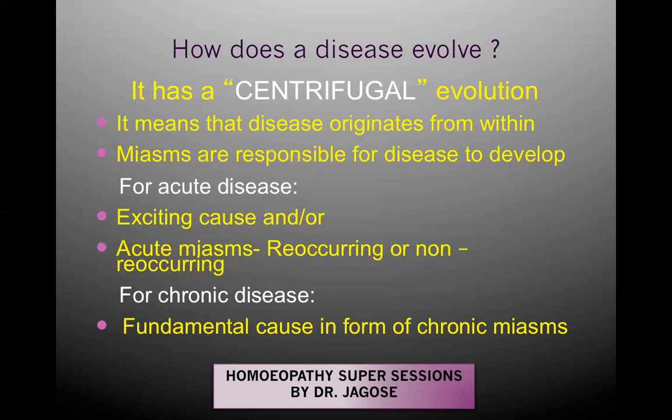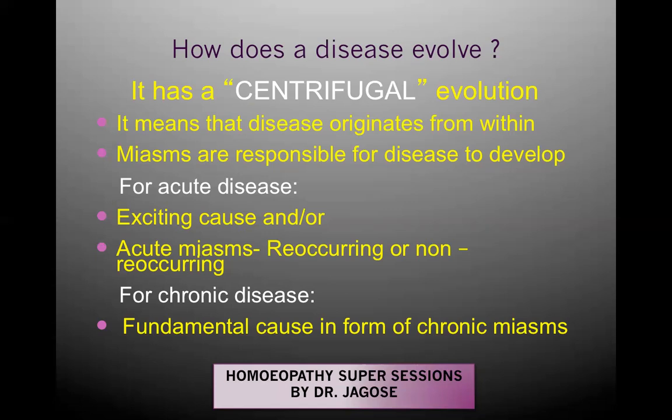Let us see how a disease evolves. We have seen the first way: how the disease evolves from the dynamic plane to the functional plane to the structural, pathological plane. Secondly, the second way of describing is from the predisposition, disposition, diathesis, phases, disease expression.